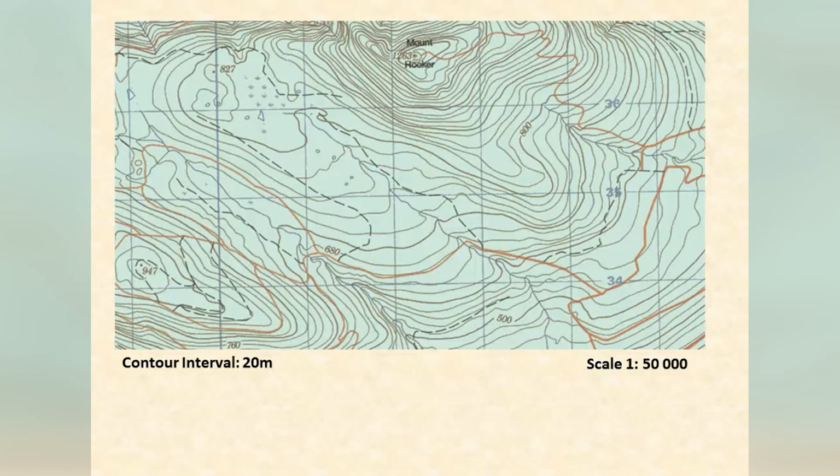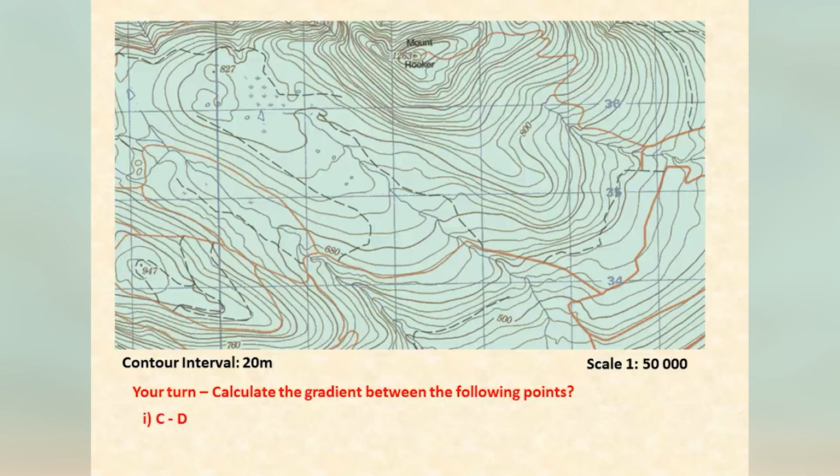Okay, this is an opportunity for you now where you're going to do it yourselves. The contour interval for this map is 20 meters, and the scale is 1 centimeter to 50,000 centimeters. So calculate the gradient for the following points between C and D. Here is point C, there is point D. Between O and P, O is here, P is right up towards the top there.